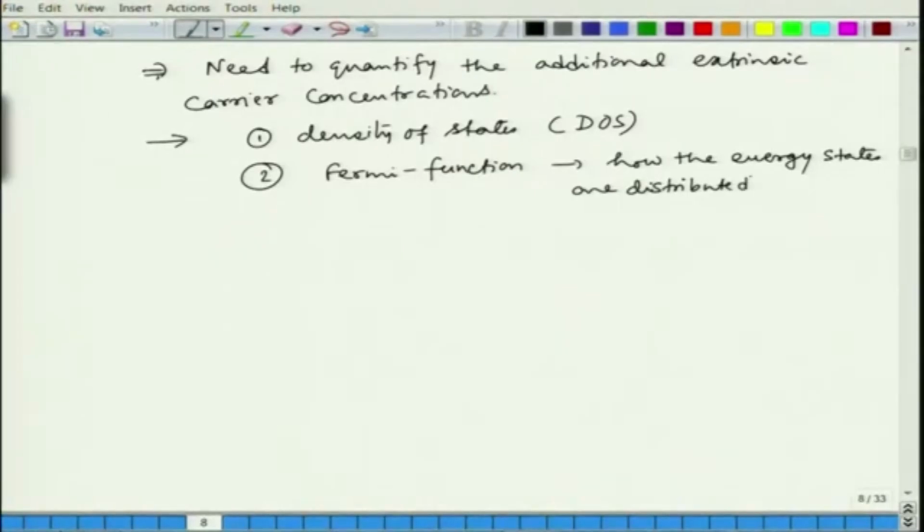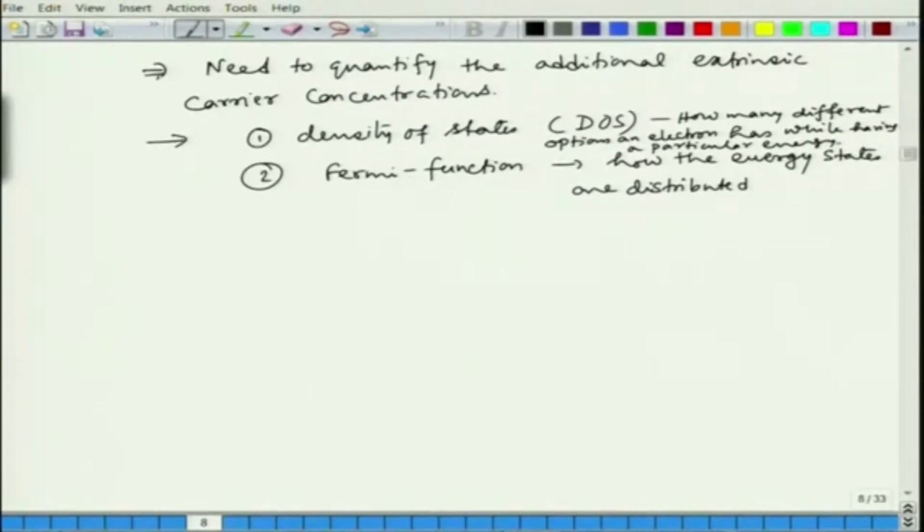That is the Fermi function, which is named after Enrico Fermi, the famous physicist, and the density of states tells you how many different options an electron has while having a particular energy level.